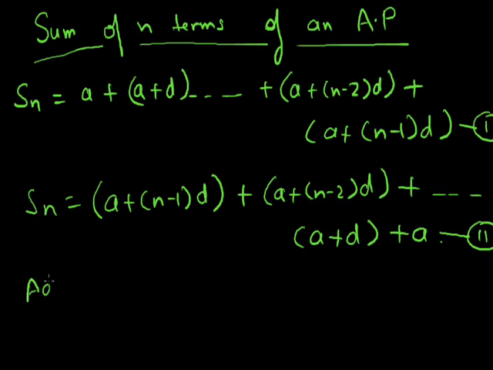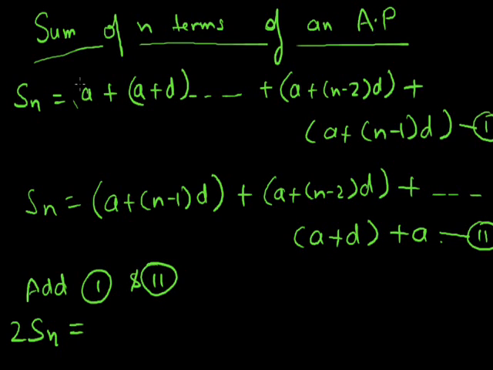So add first and second. Now when we add these equations, what we will get is twice of Sn, that is the sum of n terms of an AP, is equal to, we have to add the first term of the first equation with the first term of the second equation, then the second term of the first equation with the second term of the second equation.